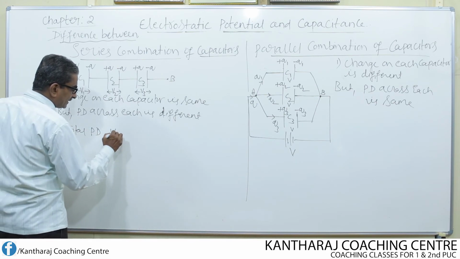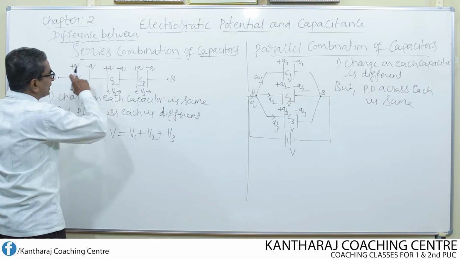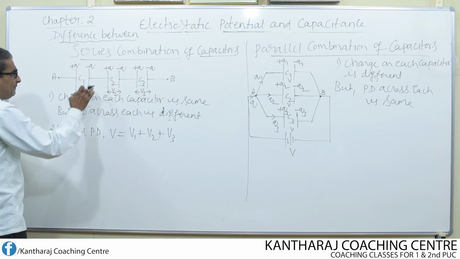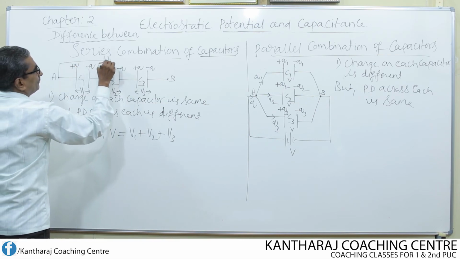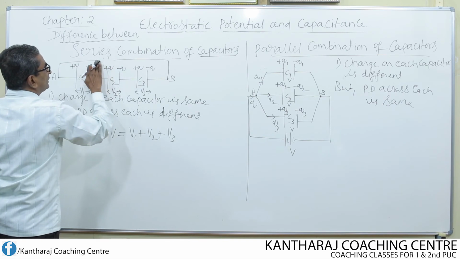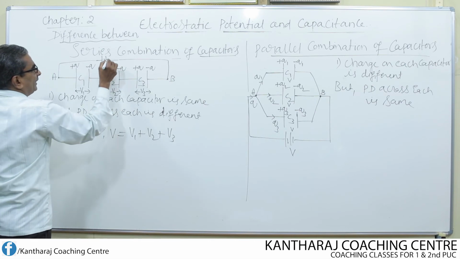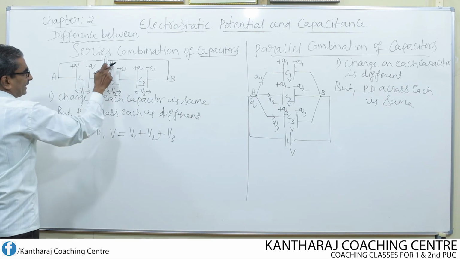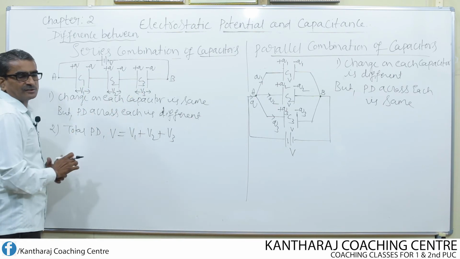The total potential difference is given by V equal to V1 plus V2 plus V3. Potential gets added up because the 2 points A and B can be connected to the terminals of a battery whose potential difference is V. So the total potential difference V equals the sum of the potential differences across each capacitor.